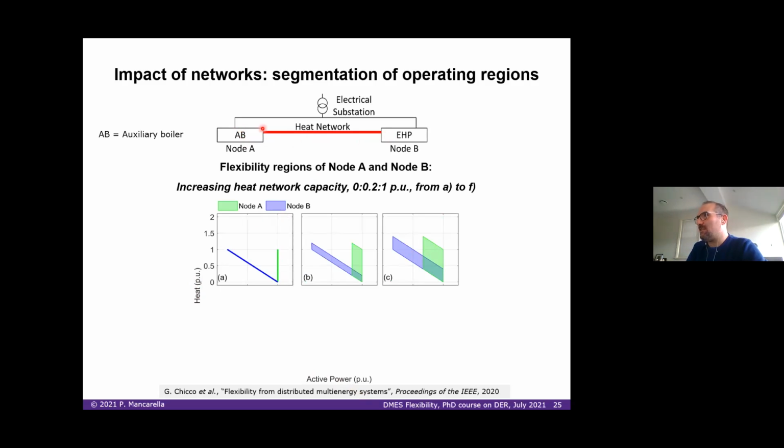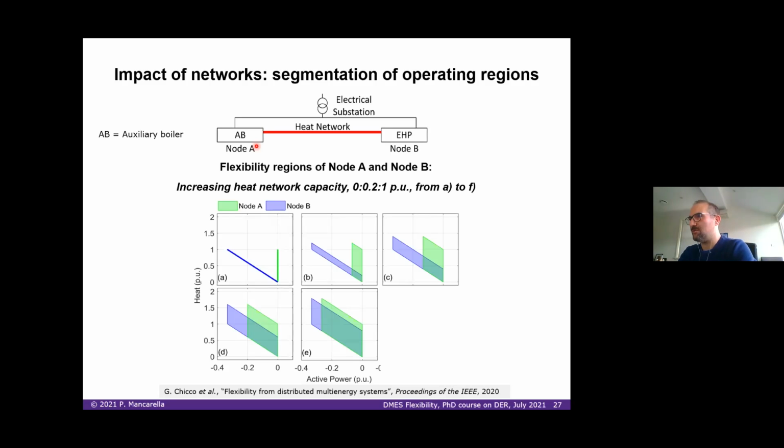This is equivalent to transferring some electricity flexibility from one node to another and the other way around. And then the more I grow in terms of capacity, I end up with a heat network that allows me full transfer of heat power from one node to another.